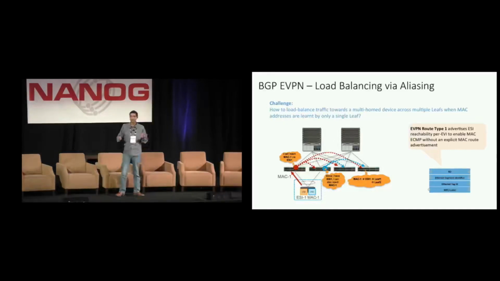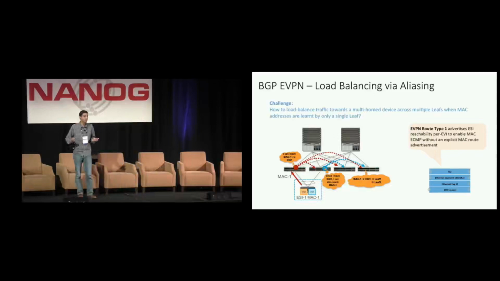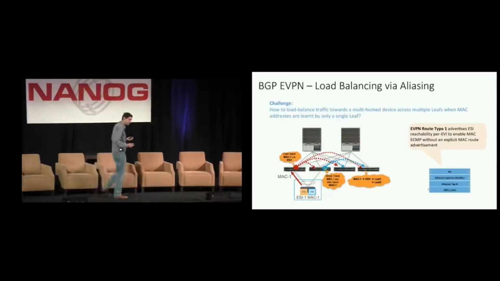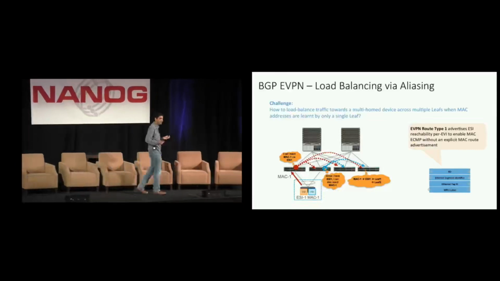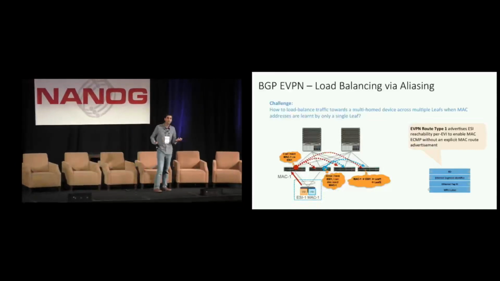That is accomplished via an EVPN procedure commonly referred to as aliasing. Essentially, each leaf that has an Ethernet segment configured with an EVPN service enabled on that Ethernet segment advertises reachability to that Ethernet segment, in the context of the EVPN, to all the other leaves that are part of that EVPN.